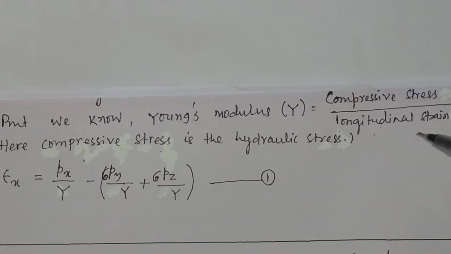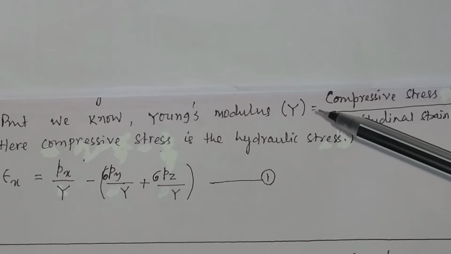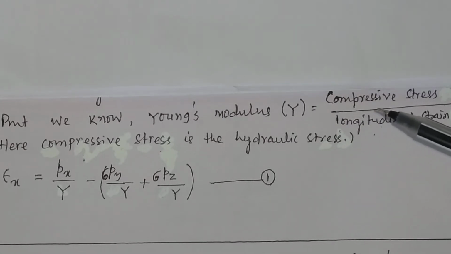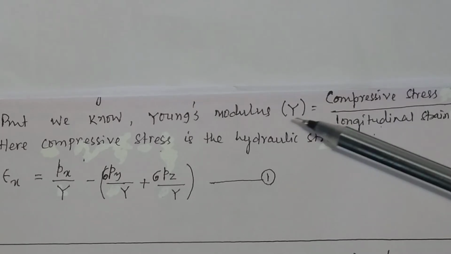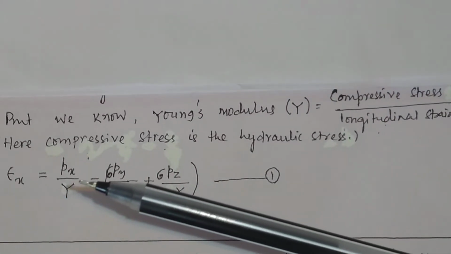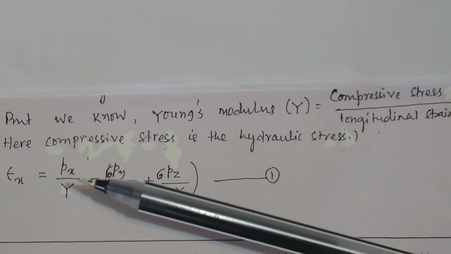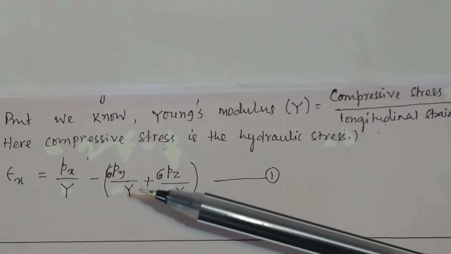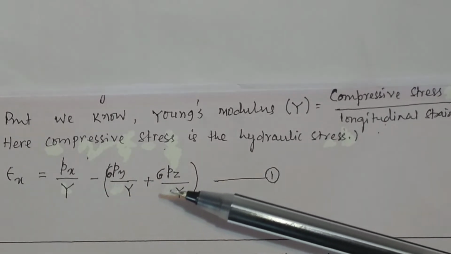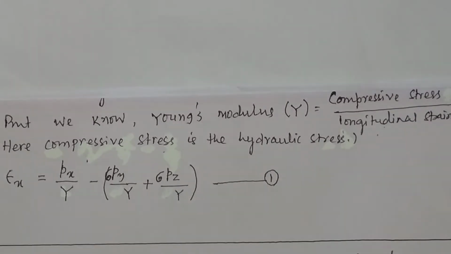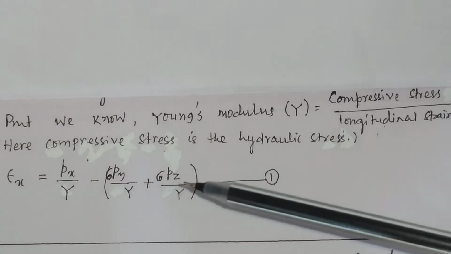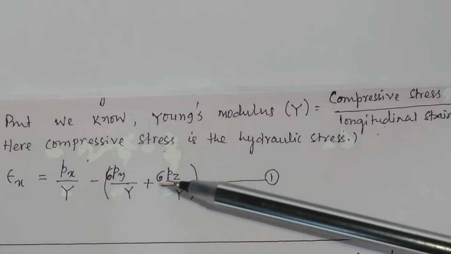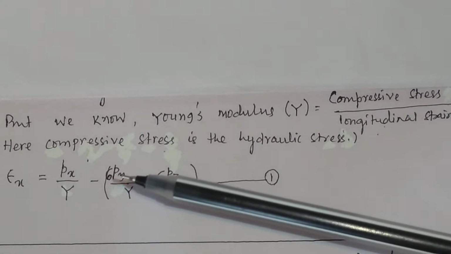To calculate the longitudinal strain along the x direction, we have to use the formula Young's modulus Y equals compressive stress divided by longitudinal strain. So longitudinal strain will be equal to compressive stress divided by Y. So epsilon x will be equal to compressive stress, here Px along the x direction, divided by Young's modulus Y, minus sigma Py divided by Y plus sigma Pz divided by Y. And this factor is due to the lateral compression along the y and z directions, that is why you have to multiply the Poisson's ratio.